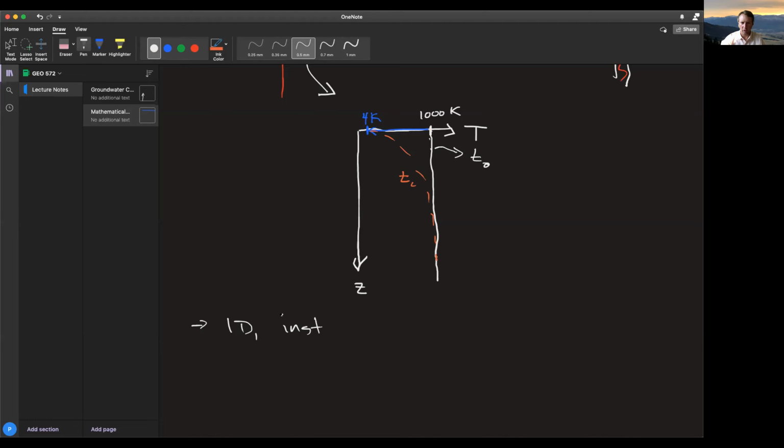So we're going to call this 1D instantaneous cooling of semi-infinite half space.